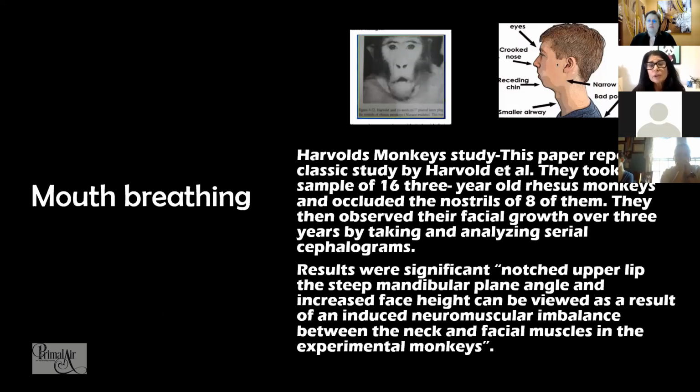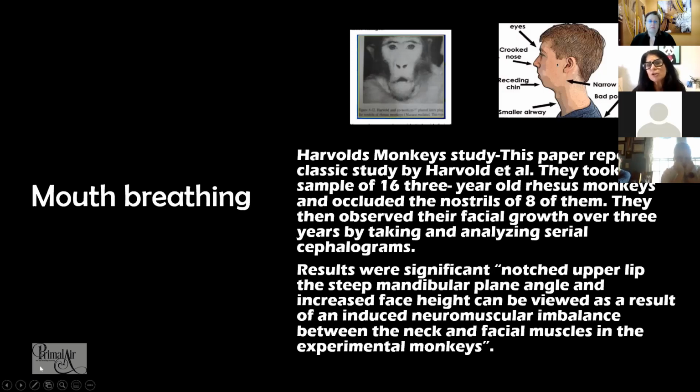The results were notching in the upper lip, the steep mandibular plane angle, increased facial height, which is the long, narrow face, and neuromuscular imbalance between the neck and the facial muscles in the monkeys. And even some of them got really sick, and some of them died.